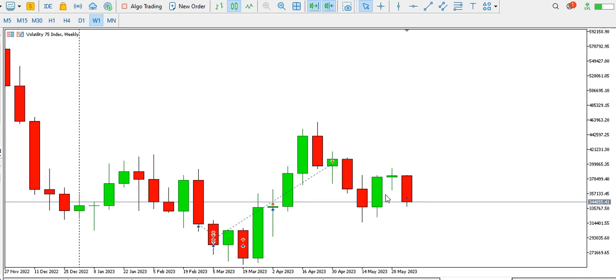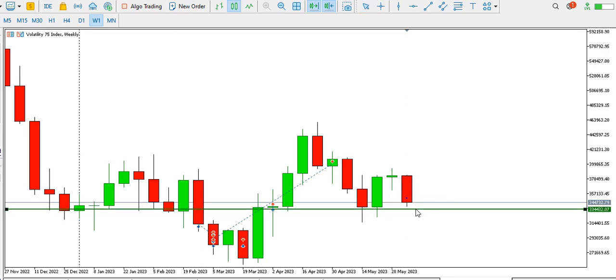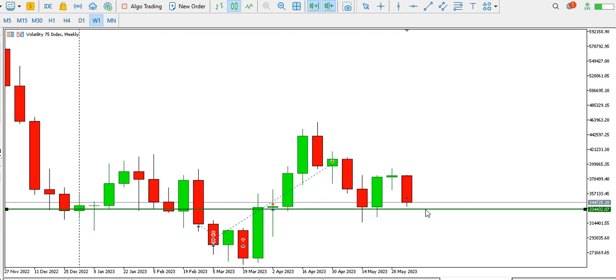On the weekly time frame, we can see the formation of an evening star candlestick pattern, and price has been dropping due to the formation of this particular doji. I see price dropping to the 324416 level.